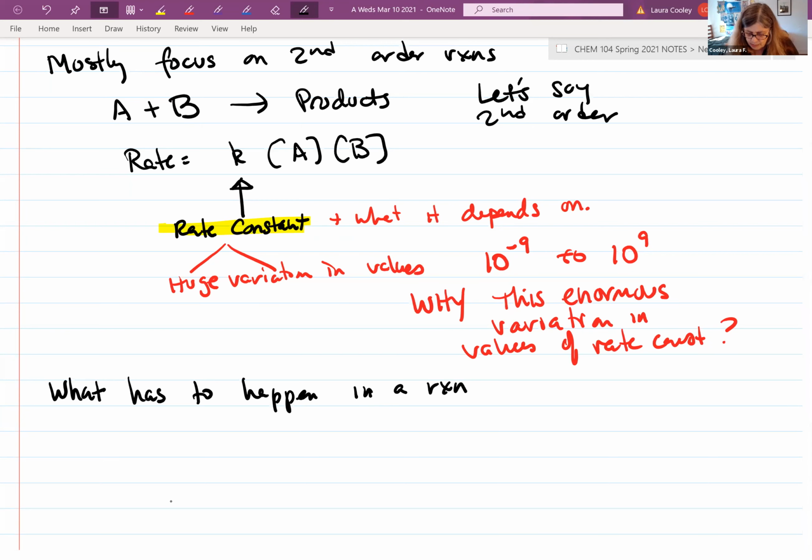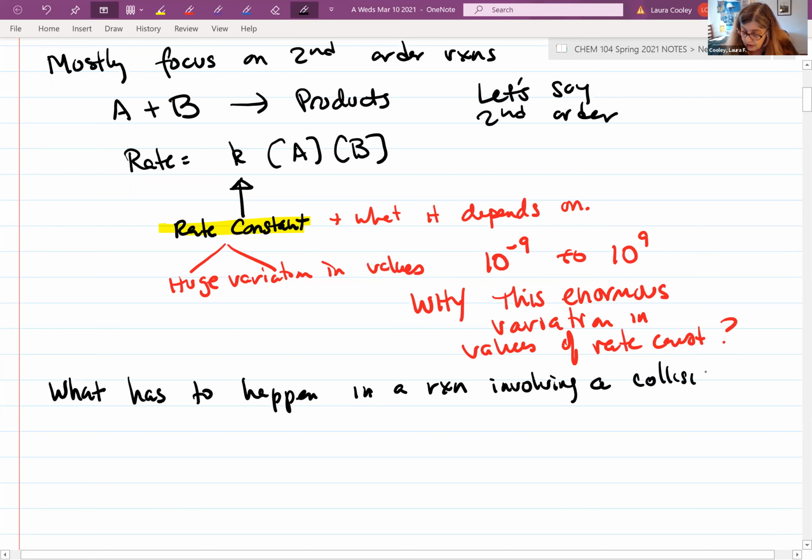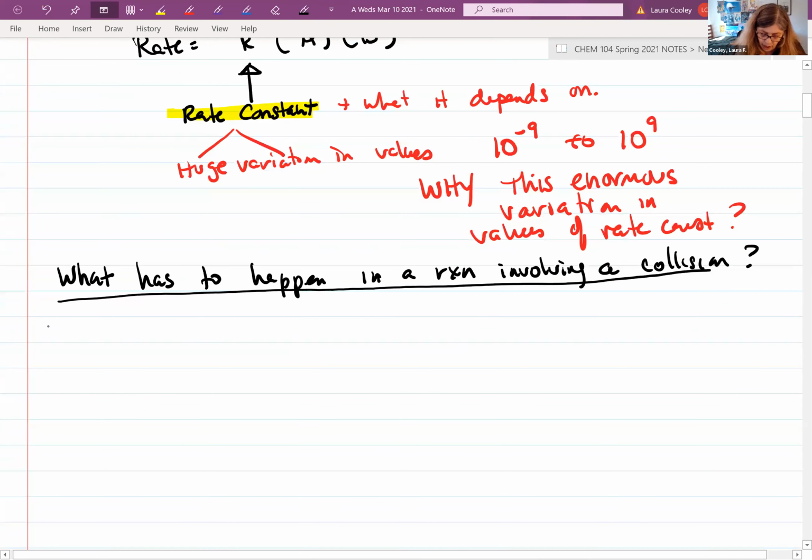But what I'm talking about is a reaction involving a collision between two molecules, or two atoms. So obviously, what do you think has to happen? If two molecules have to collide in order to react, then the first thing that has to happen is that a collision must occur.